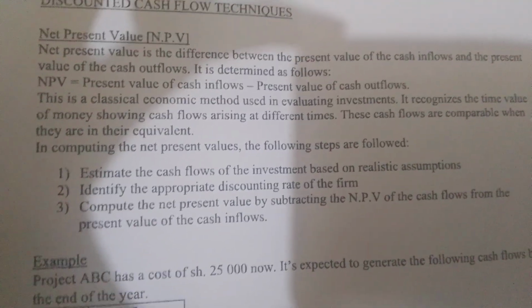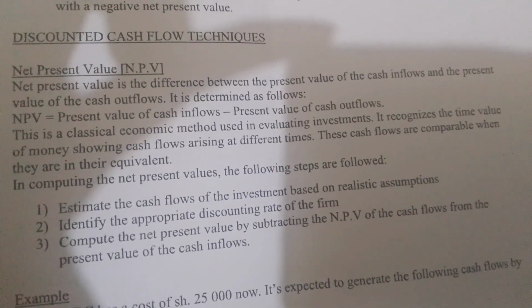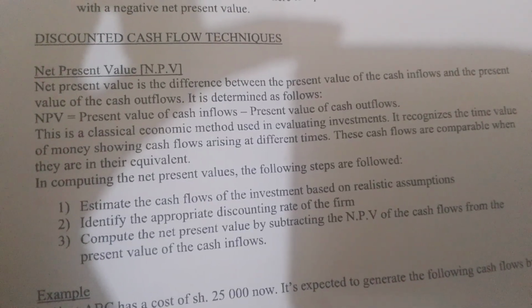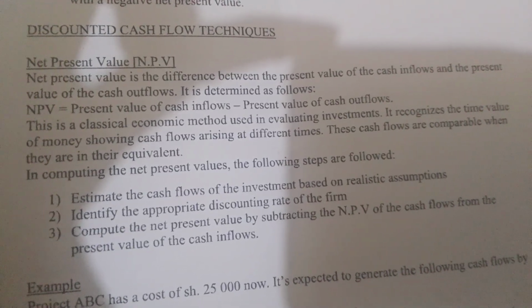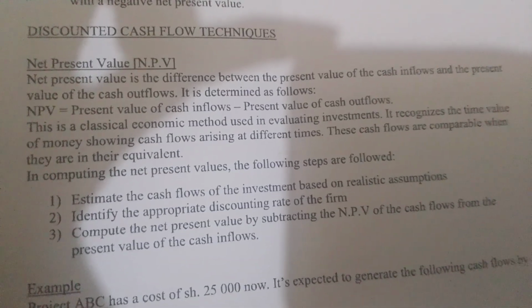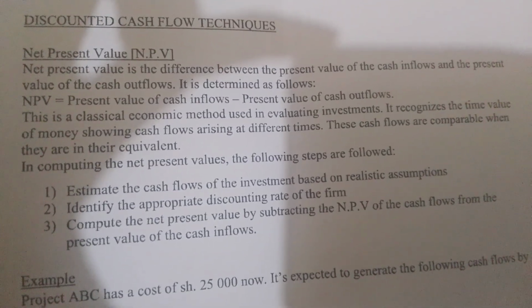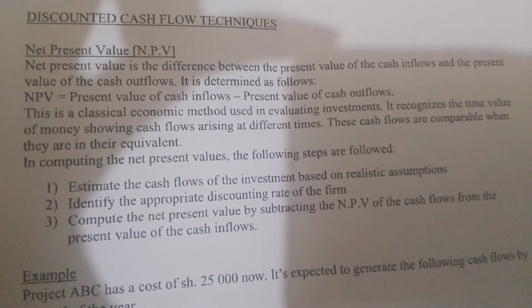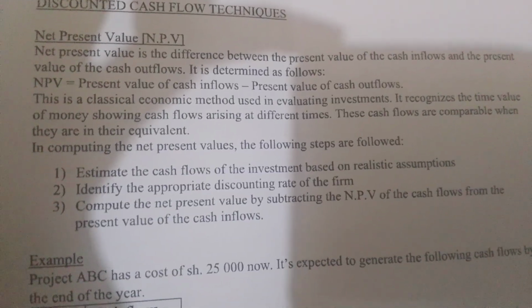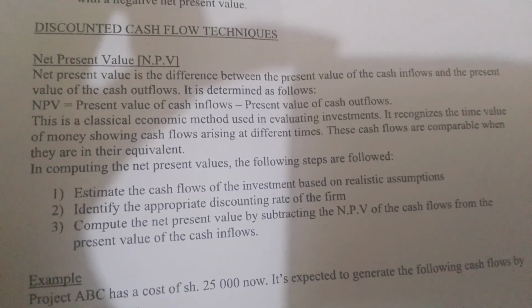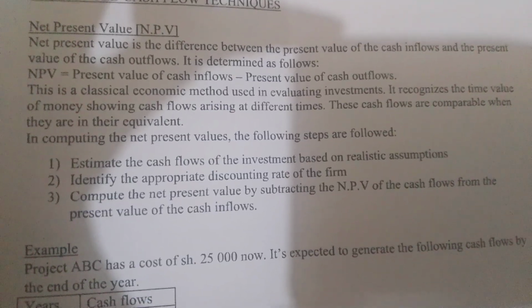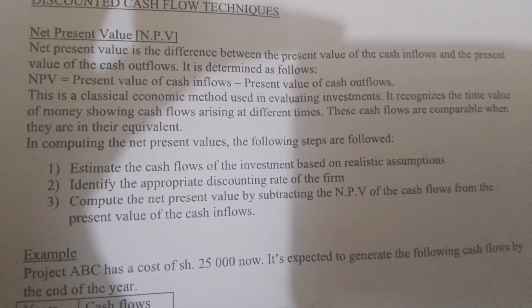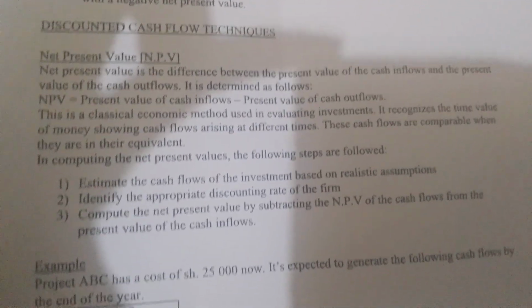So in this case, with the net present value, we will be provided with future cash flows. With these future cash flows, we are supposed to calculate their present values as at today, and then you deduct the initial capital outlay to establish whether your net present value is negative or positive.